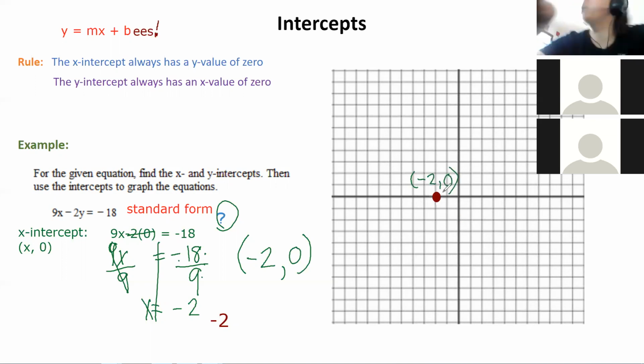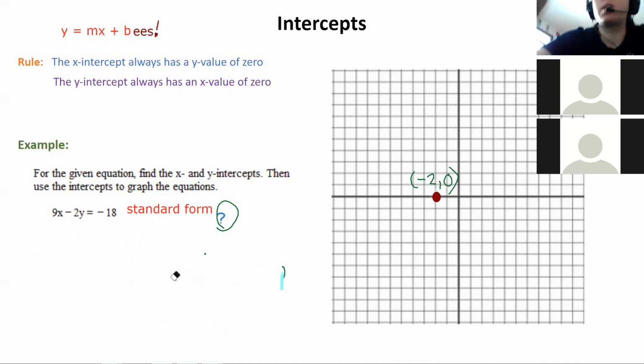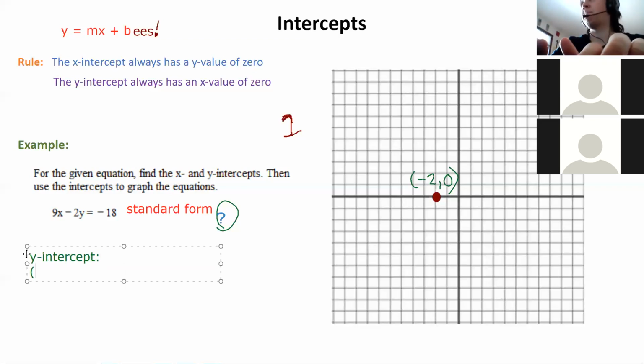Very good. So now we're going to do kind of the same thing with the y-intercept, only what are we going to plug in for the y-intercept? Since we already have our x, we would focus on the y, so what would we plug in there for x?